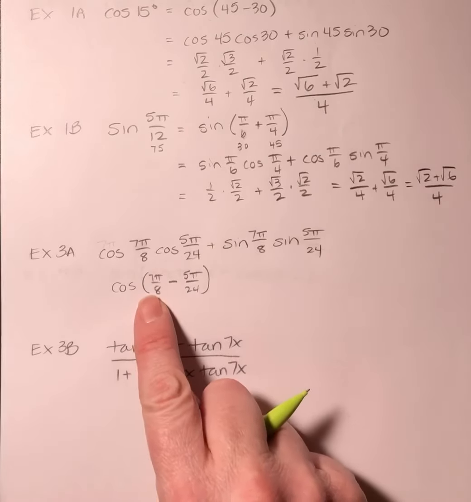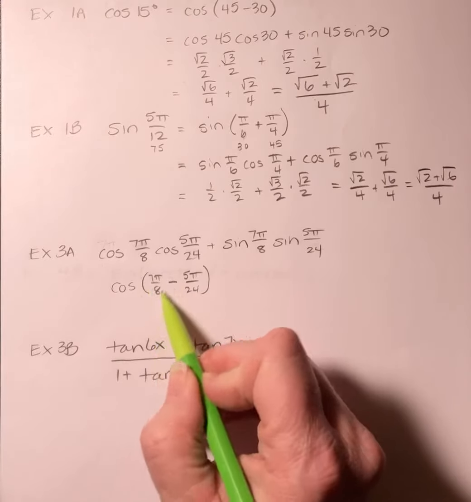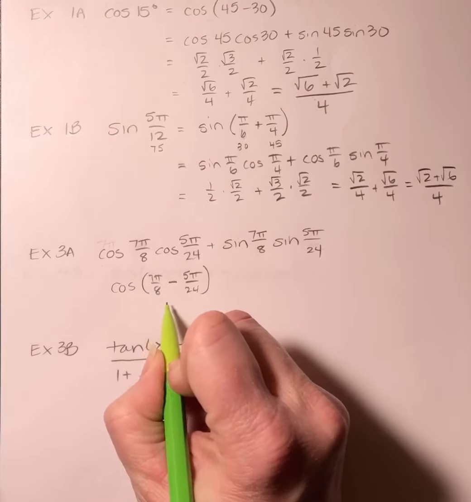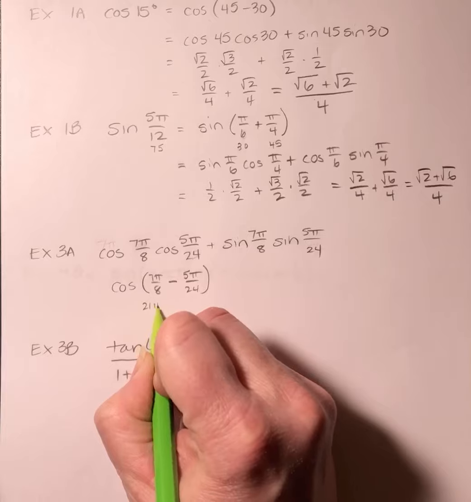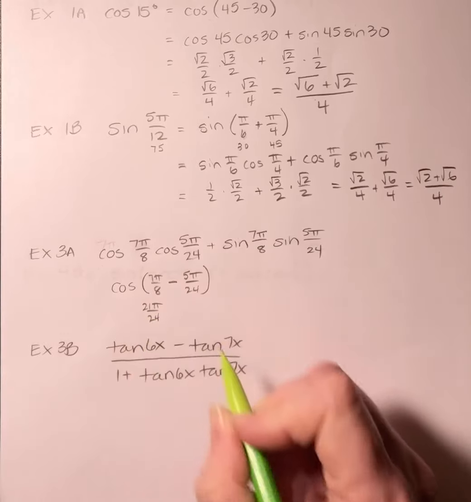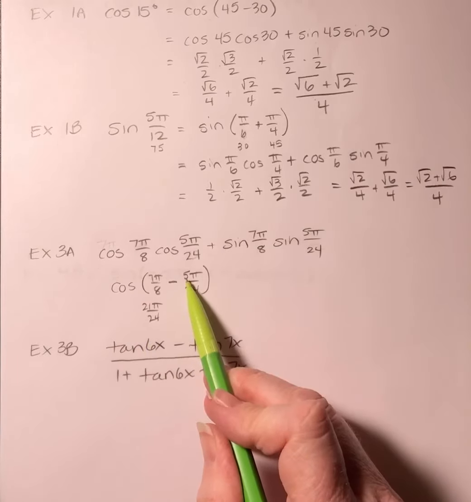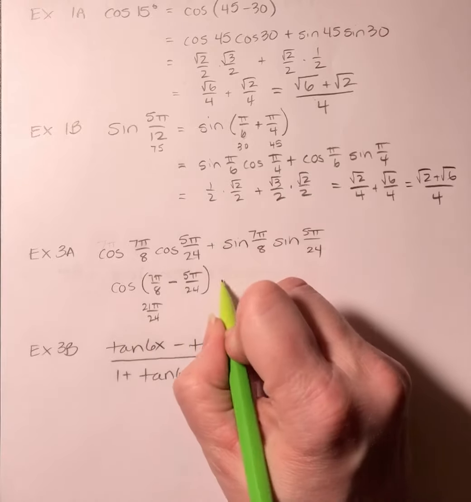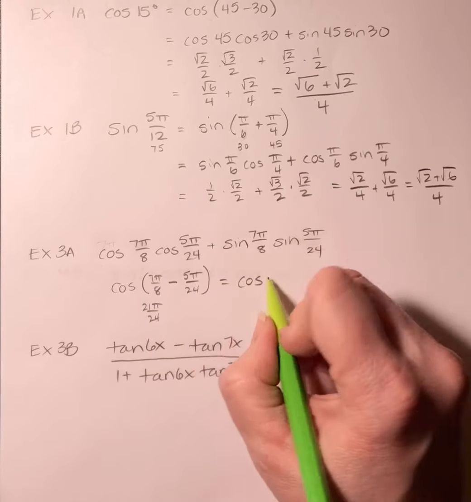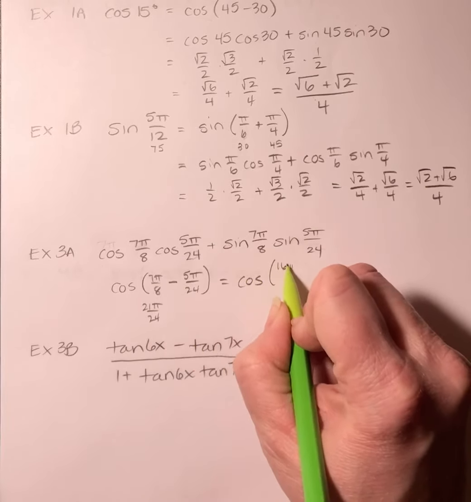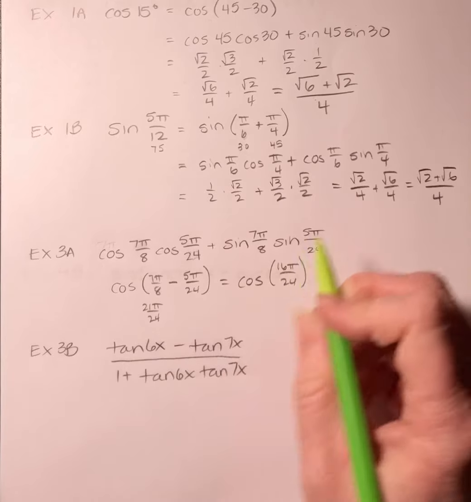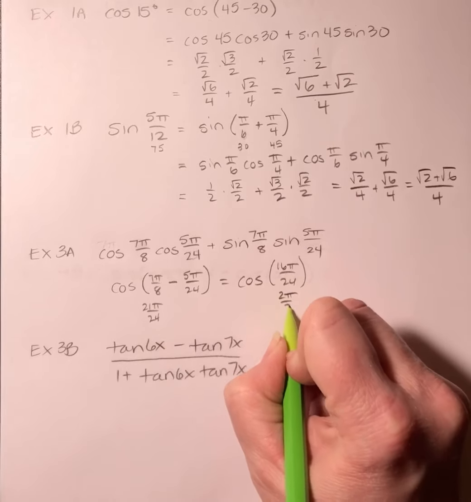If I take 7 pi eighths, this would be the same as 21 pi 24ths. So 21 minus 5 is 16, and 16 pi 24ths is the same as 2 pi thirds.